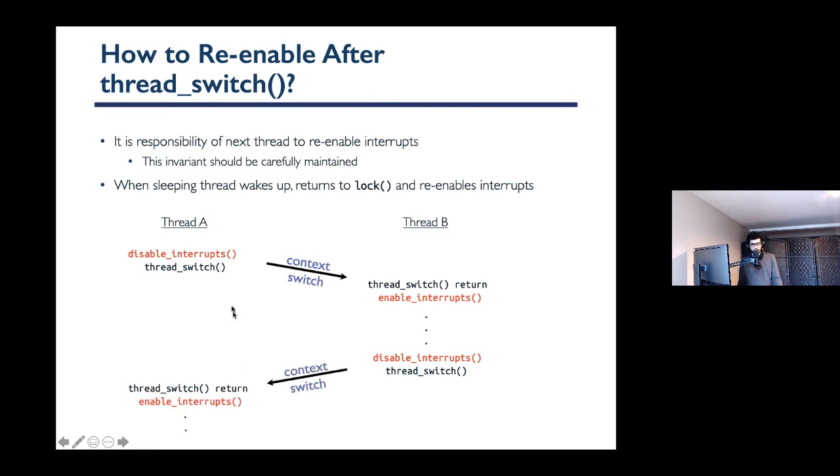And then I'm going to come back to thread A from this thread switch, and thread A is going to enable interrupts. So this is our invariant that we will have to implement everywhere in our kernel. And that says basically every time you wake up, you're scheduled, you have to enable interrupts.